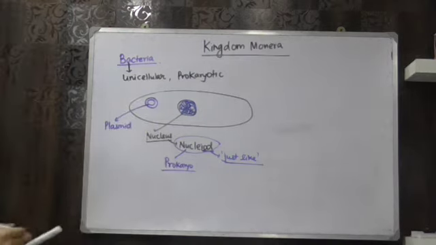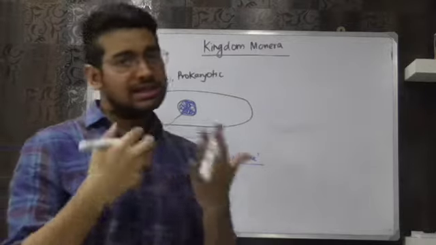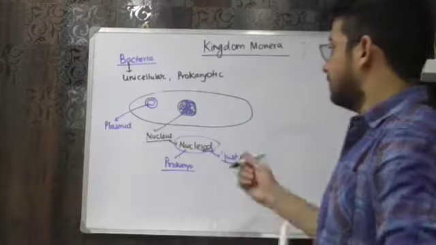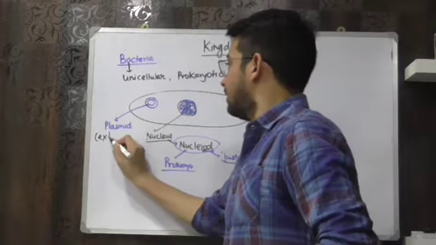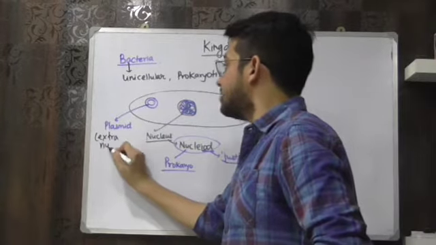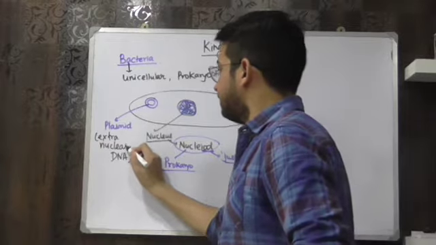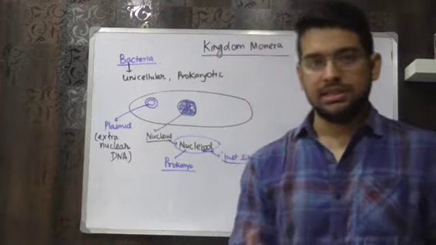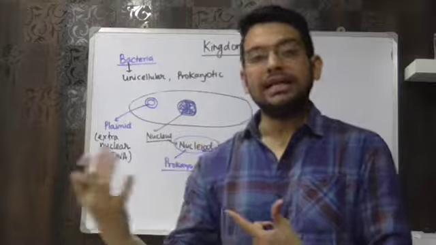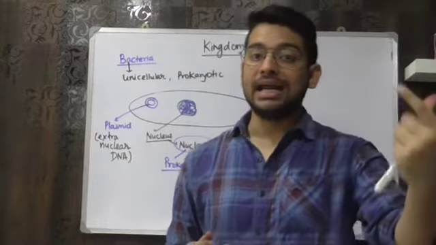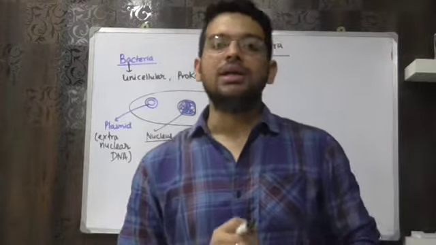Now, what is plasmid? We will discuss the plasmid later. At the moment, you should write it is the extranuclear DNA. Extranuclear means it is present outside the nucleus. The DNA which is present outside the nucleus is called extranuclear DNA.